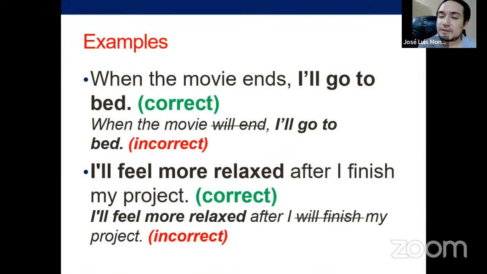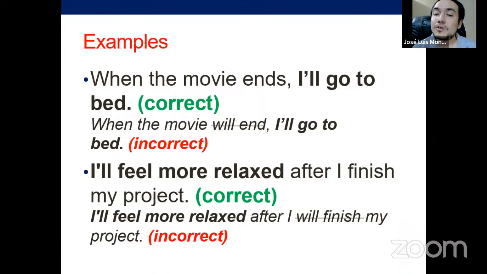Here we have the examples of what I was saying. When the movie ends, I will go to bed. It is incorrect to say, when the movie will end, I will go to bed. Some people may say that, thinking they are stating something for the future, but no. When the movie ends in the future, I will go to bed, but that idea is already implied over there.